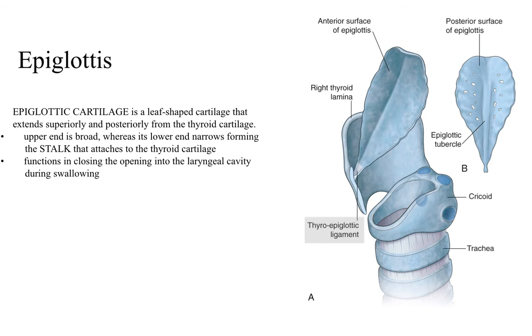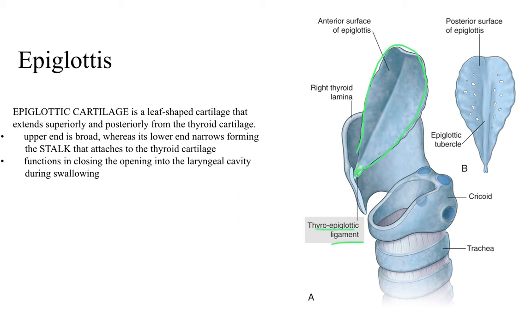All right, next is the epiglottis, and notice that the epiglottis is this leaf-shaped structure, and it is made out of cartilage, and of course it's going to have mucous membrane covering it, and it's attached to the anterior end of the thyroid cartilage about 2/3 of the way up by the thyroid epiglottic ligament.